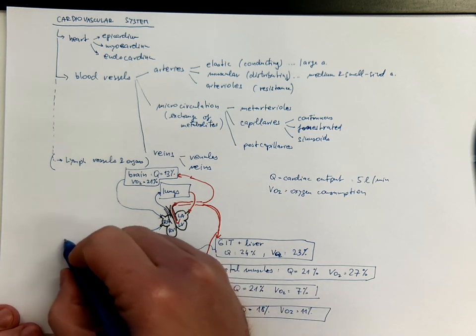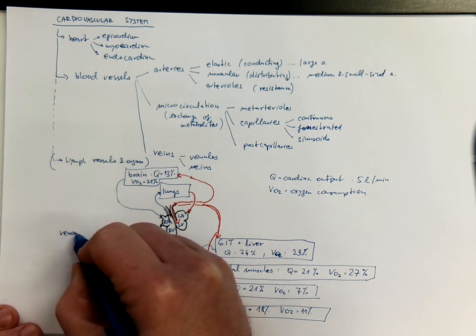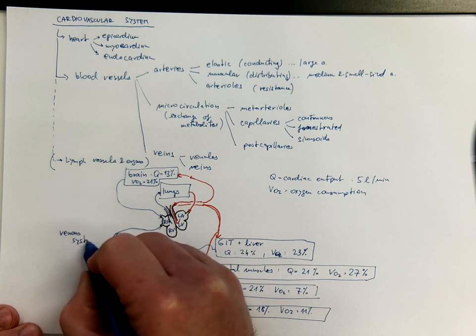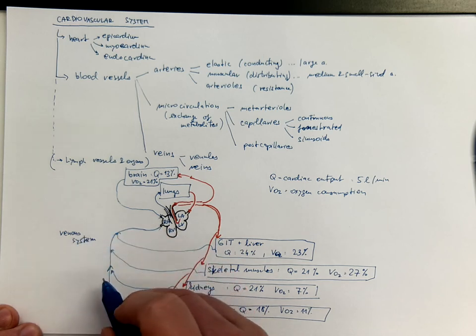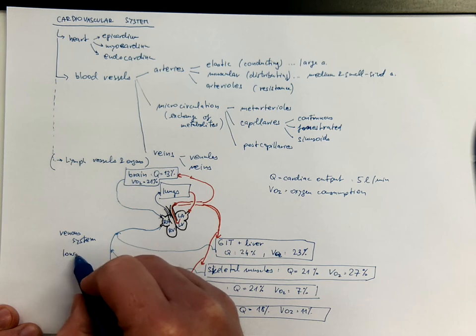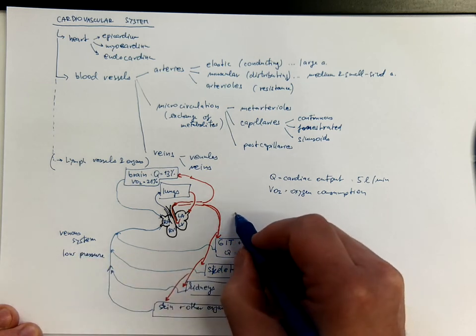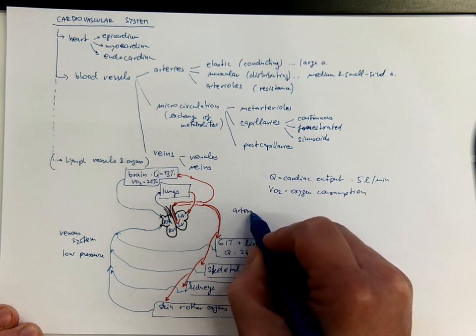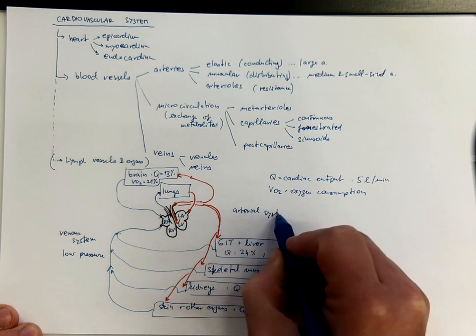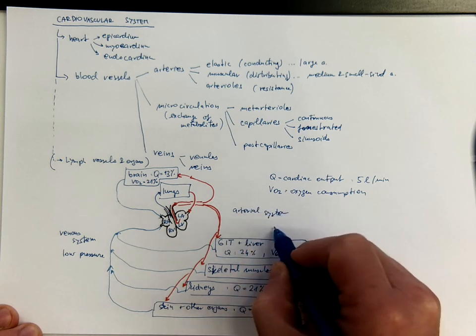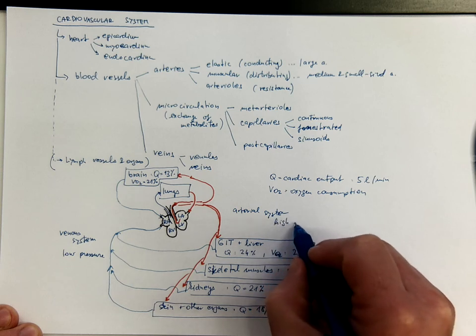So here is the venous system with a low pressure, and here is the arterial system with relatively high pressure.